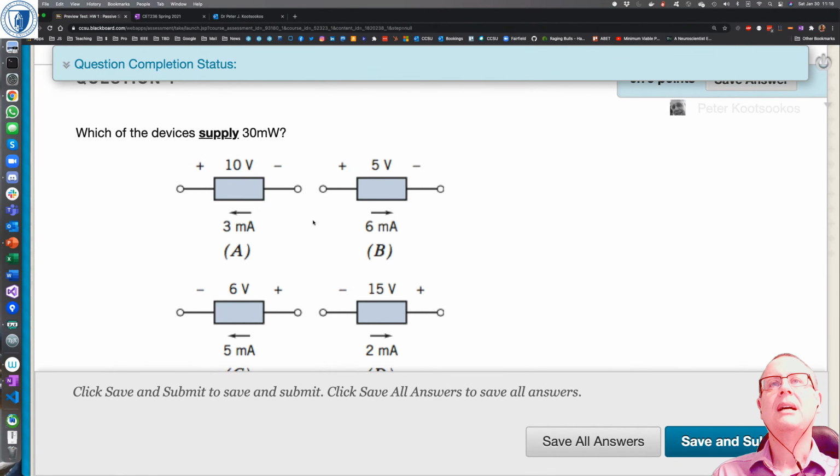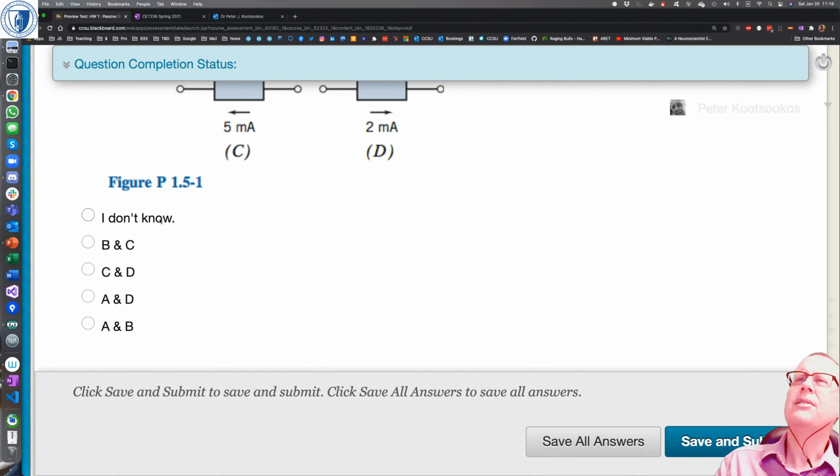And you'll notice for all of these there is an option I don't know. And if you really don't know, please select that option. If you select that option, you will get 0.25 of a mark. Oh, maybe I think I set it up for 0.25 or 0.3.